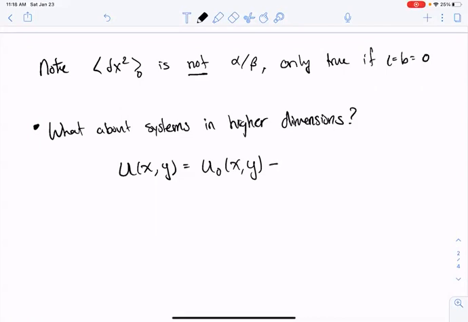And now let's ask for the response of this system to some constant force along just the y direction.